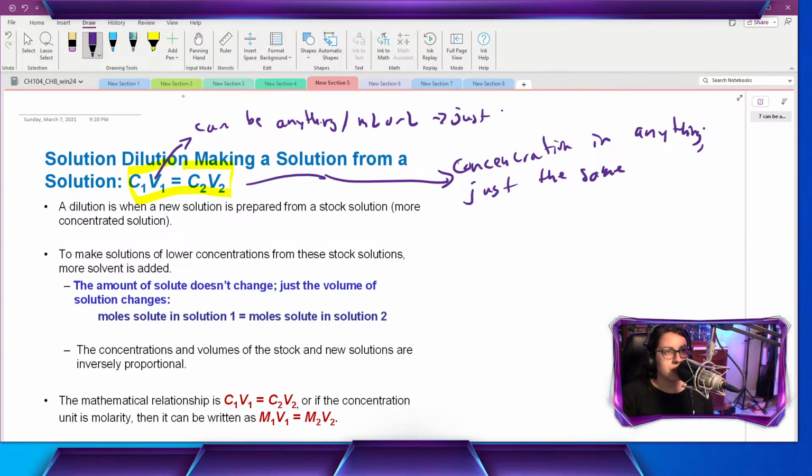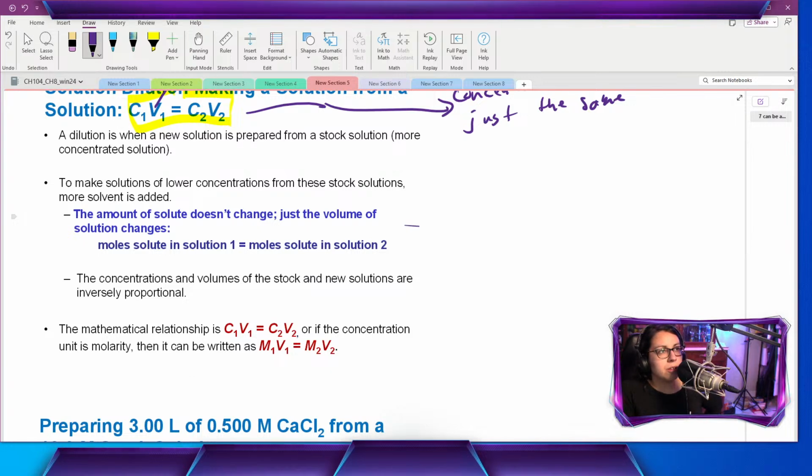So just the same, either milliliters, liters, gallons. Just be consistent. And then sometimes in textbooks or internet sources, they tend to give it in what I call the more specific form, where our big M just stands for molarity.